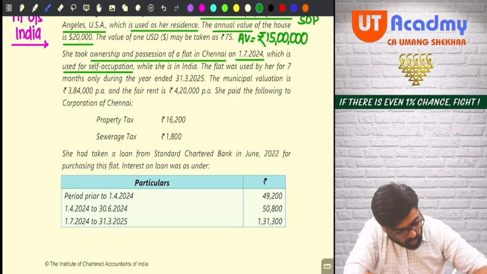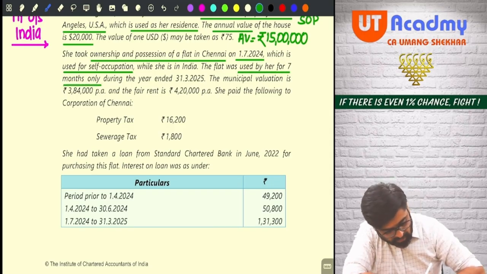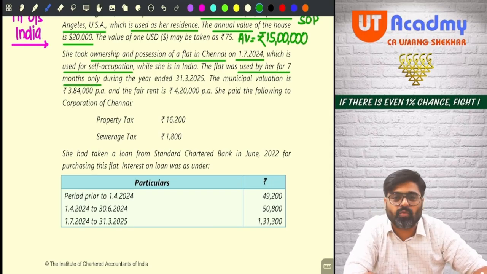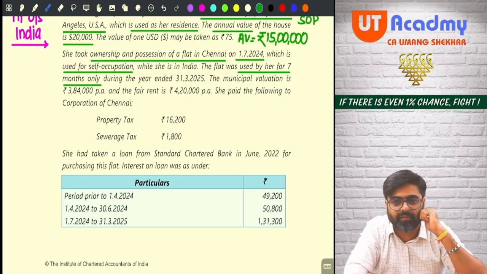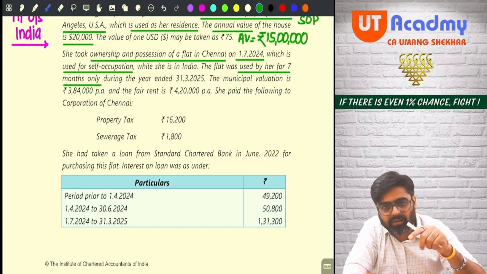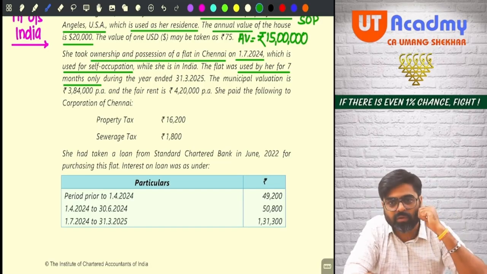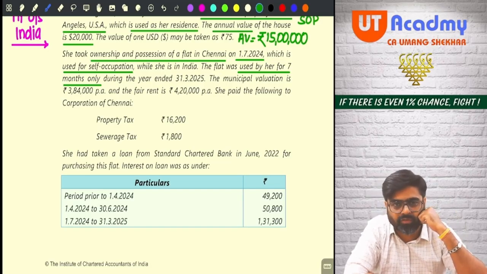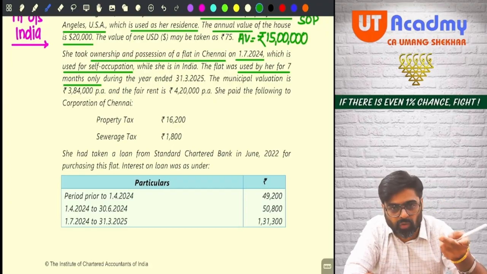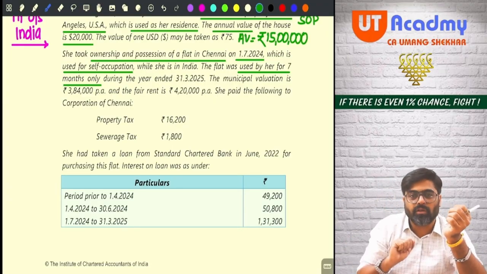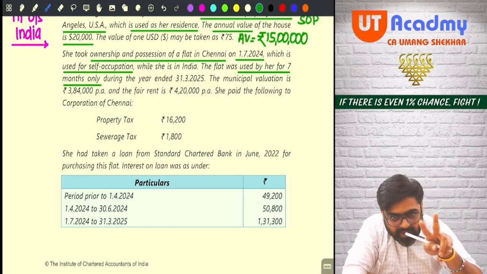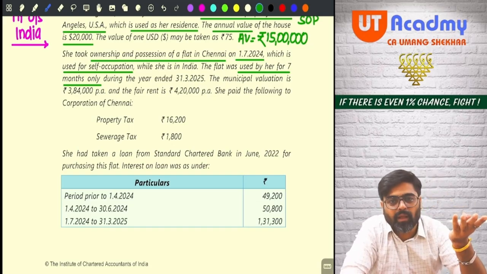The flat was used by her for 7 months only during the year ended 31st March 2025. Meaning that for the rest of 2 months, the flat could not be used for residence. So are they saying that for those 2 months the flat was let out? Not saying no. Meaning that out of the 9 months, 7 months the property was self-occupied, and for the remaining 2 months the property was let out.